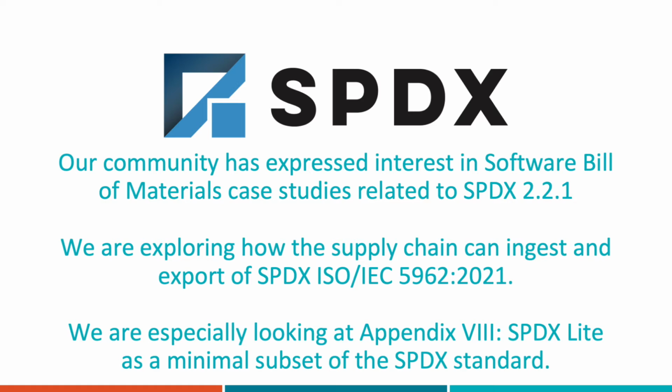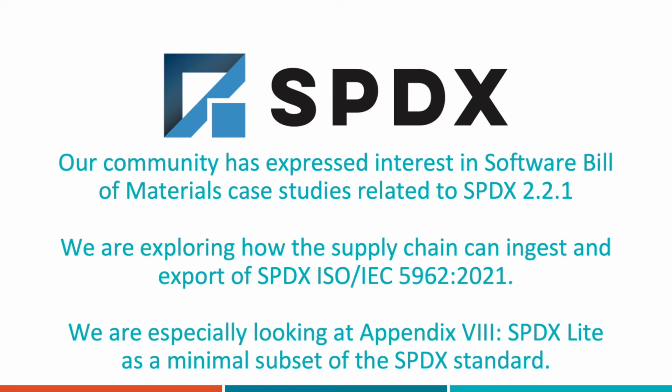Now, when we're talking about automation, what we're really talking about nowadays is how we do stuff with software bill of materials. We're talking about the supply chain and OpenChain, and how you can use a software bill of materials like SPDX to ingest and export information about compliance.